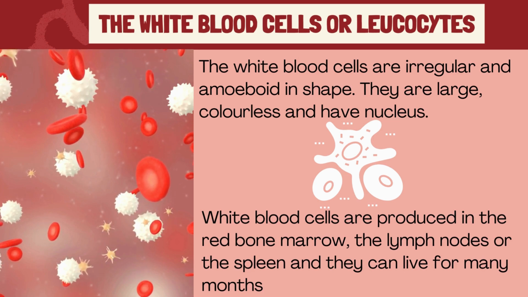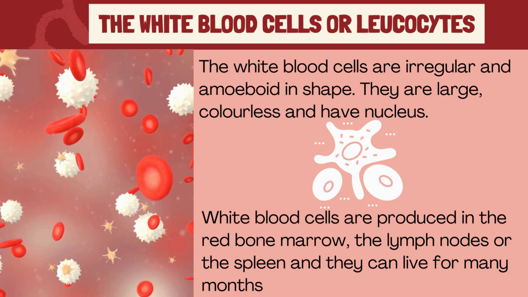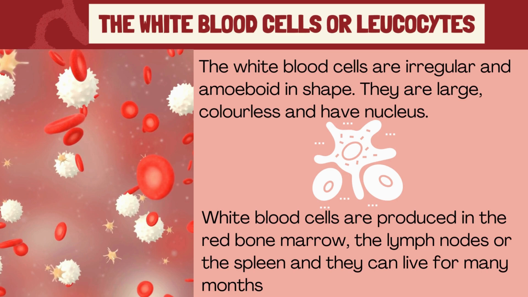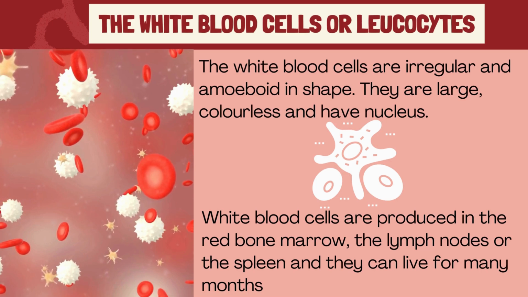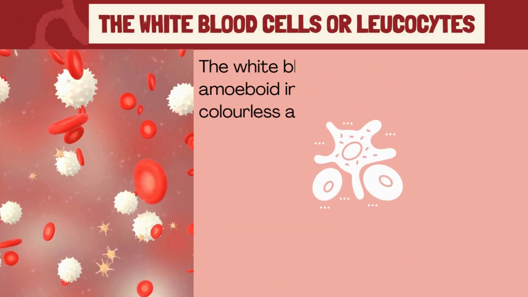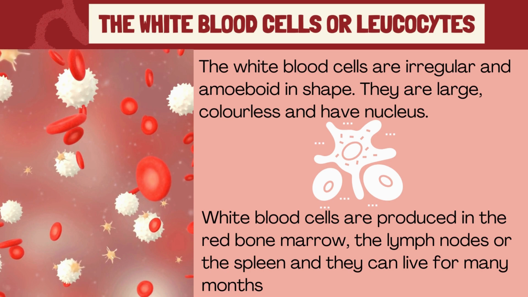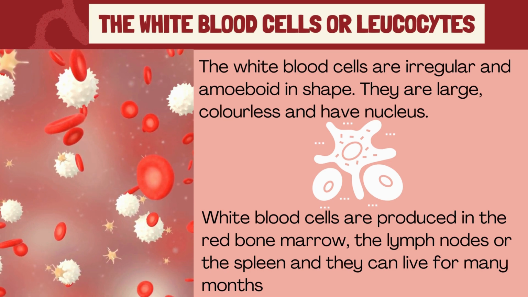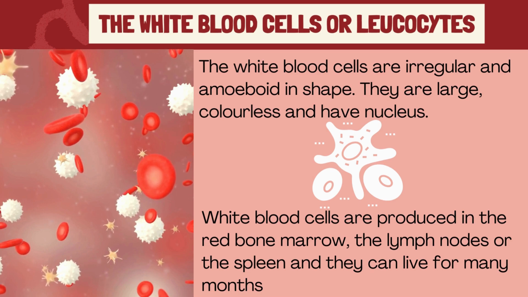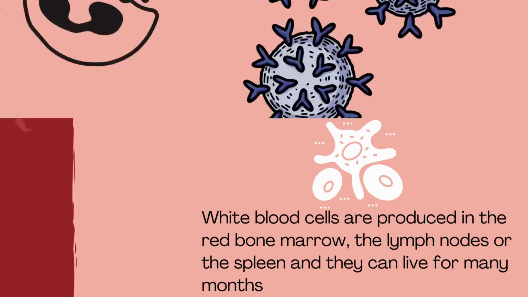There are about 5,000 to 10,000 white blood cells in 1 cubic milliliter of blood. They are made in the red bone marrow and the lymph, including the spleen. White blood cells can live for many months before they are destroyed.